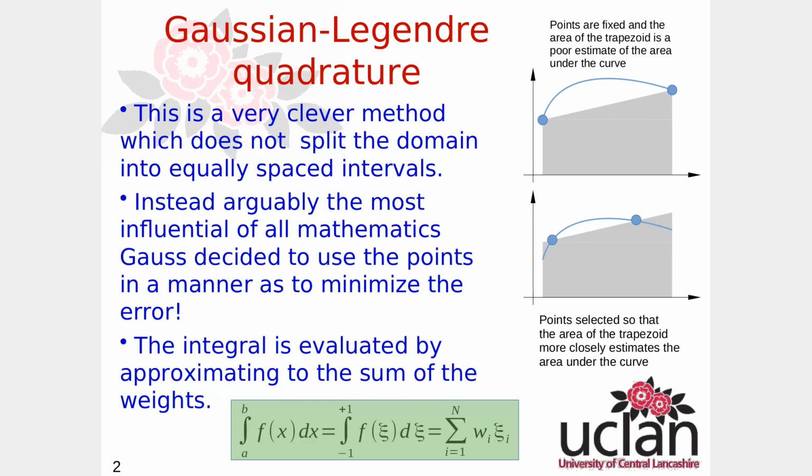So moving on to a very clever method, which is used in a lot of texts. It's called Gaussian quadrature, but I like to call it Gaussian Lagrangian quadrature, as it does use principles from both of these mathematicians. This is an extremely clever method which doesn't split the intervals up equally.